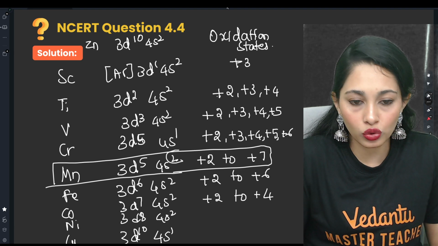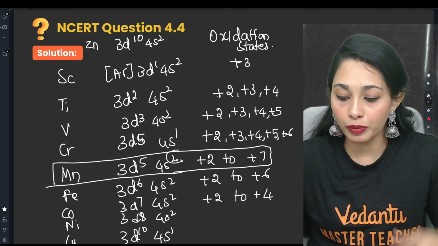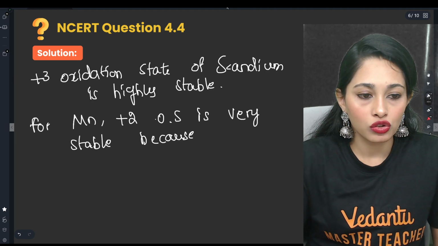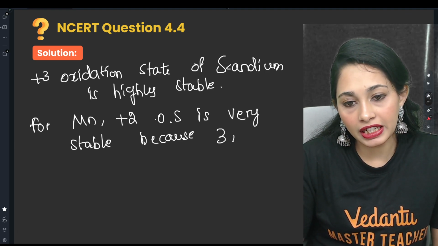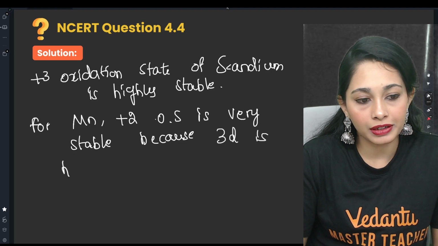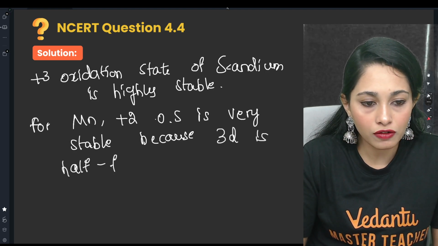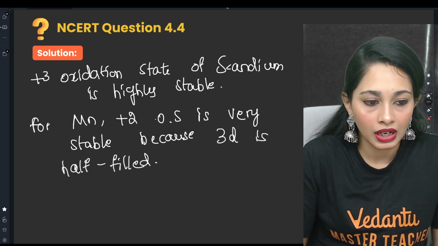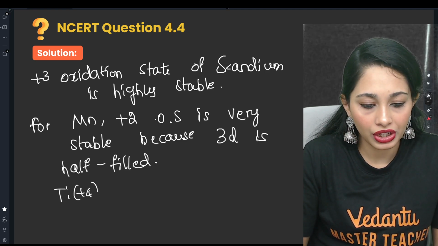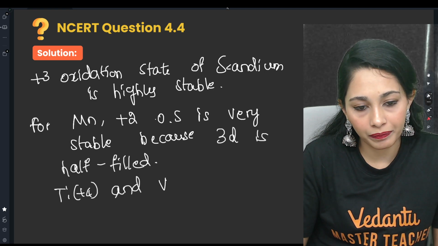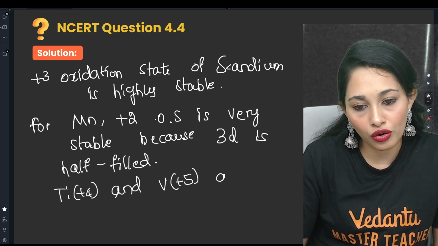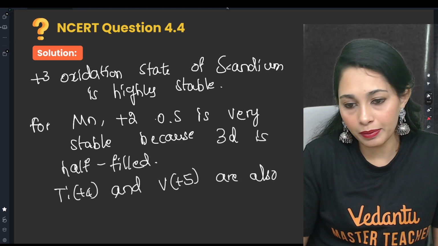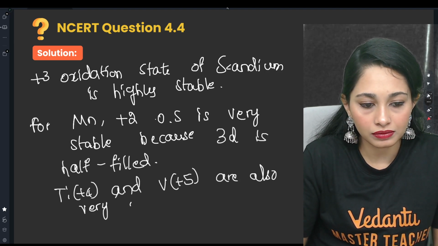If we remove these 2 electrons from the 4s orbital, it is going to be half filled. So it is stable because 3d is half filled. Titanium +4 and vanadium +5 are also very stable for the same reason.